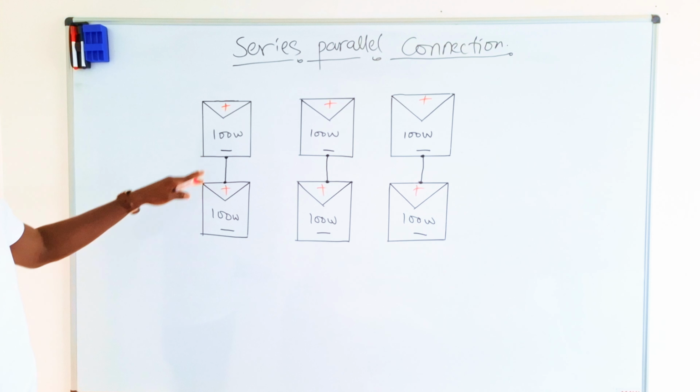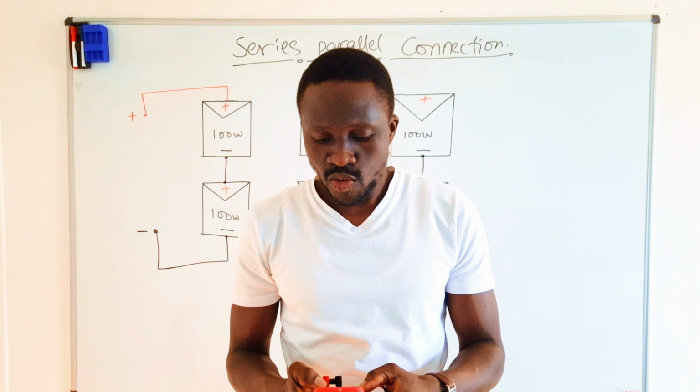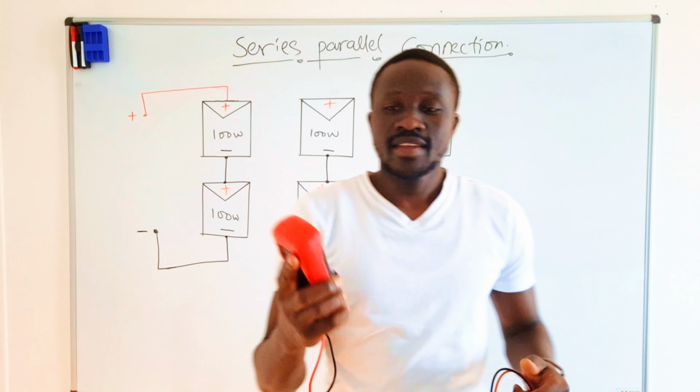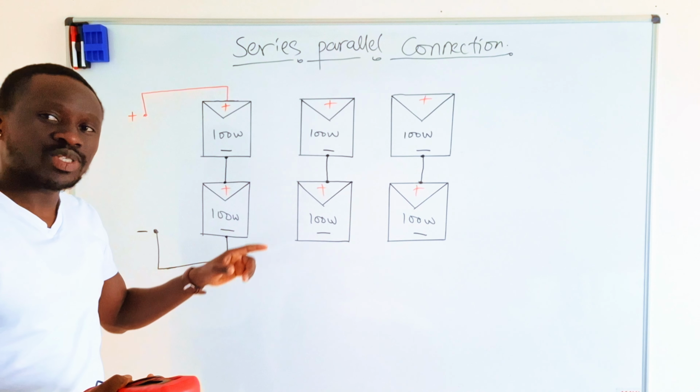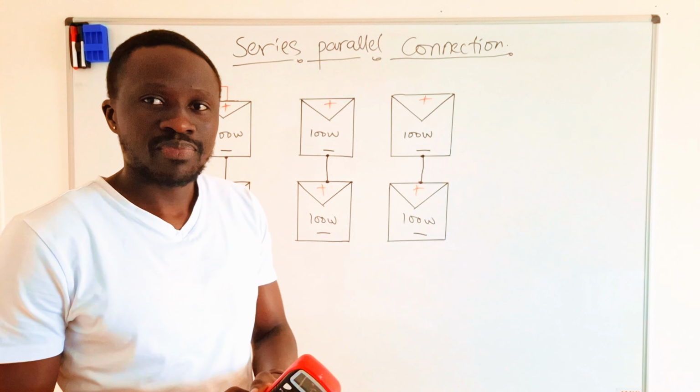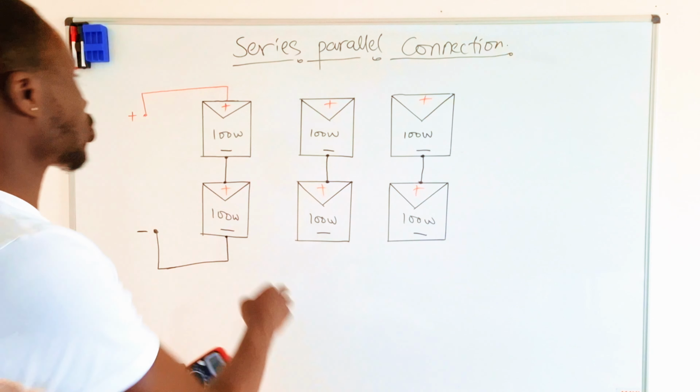Okay, if you want to measure the voltages, if this panel is 20 volts and this panel is 20 volts, they are connected in series, negative and a positive. If it is 20 in series, we said the voltages add on, and if it is 20 and 20, that is 40 volts.